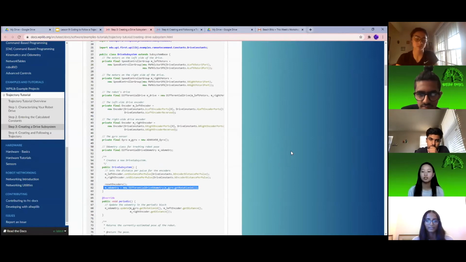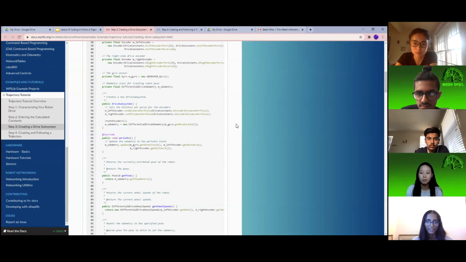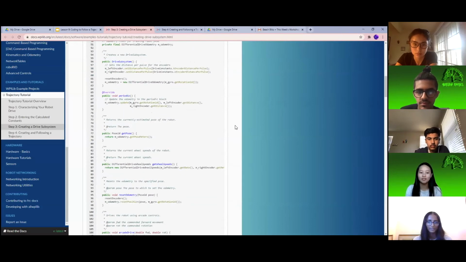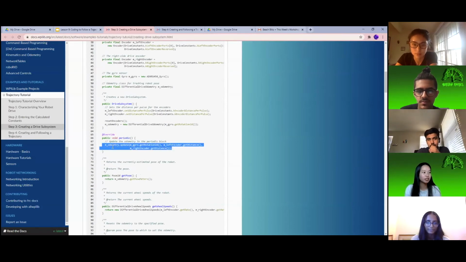And like you said, you take the rotation of the gyro. Would you update it in reset odometry? That would reset the odometry to 0, but periodic is where you would update it. Yeah, it says right here, odometry.update. You would basically just be constantly updating the odometry, getting the rotation of the robot, and also getting the velocity or the distances of both encoders.